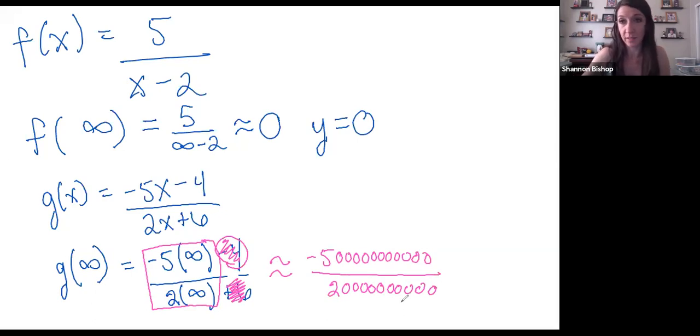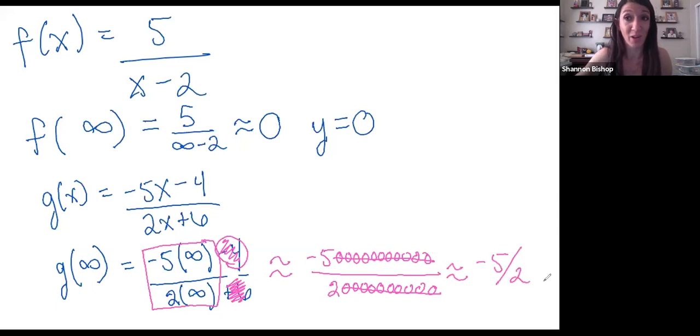Well, guys, this isn't a trick question, but are you ready? What's -5 kajillion divided by 2 kajillion? Negative 5 kajillion divided by 2 kajillion is pretty much negative 5 halves.